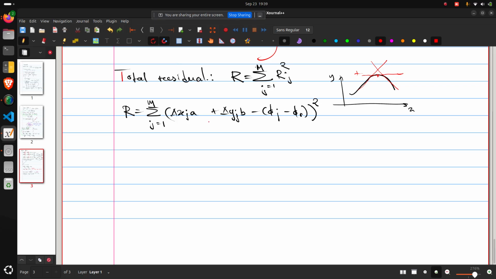So what are the dependent variables here? What are the unknowns here? So a and b, right? For a and b, we will take the gradient of r with respect to a and the gradient of r with respect to b. So we have dou r by dou a is nothing but the sum over j from 1 to m of 2 times delta x j a plus delta y j b minus phi j plus phi naught, and all of these do not contain a.